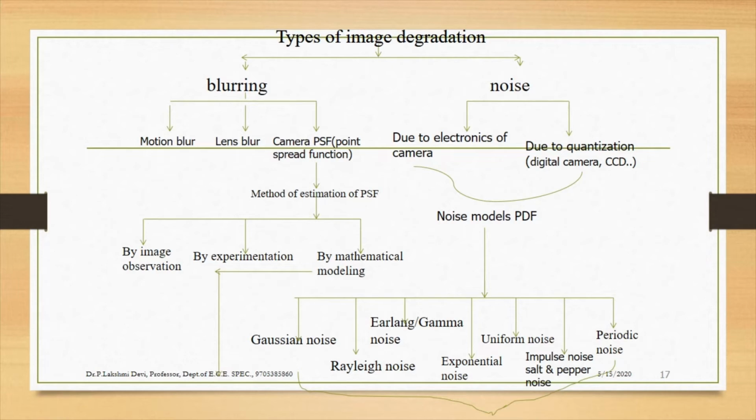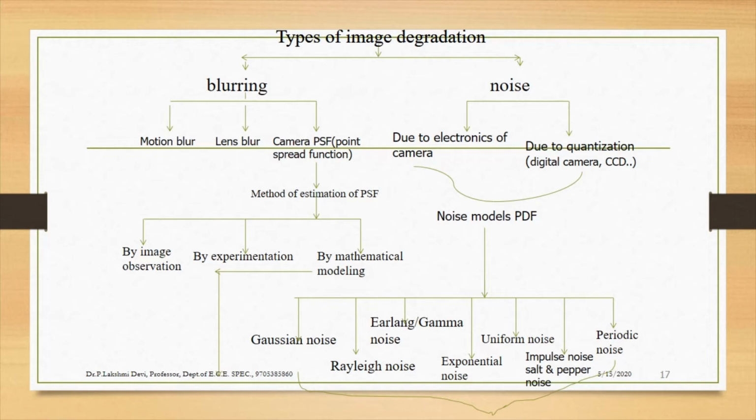But experimentation leads to different atmospheric conditions, so you must maintain the data, and finally you come to a conclusion about the reasons for degrading the quality of an image, or estimating the point spread function of a given camera.